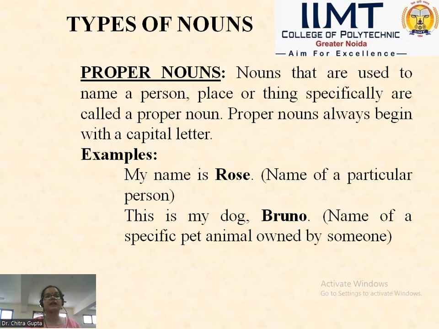Again, it is a specific pet animal and it is owned by someone. Dog is a common noun, but as we have assigned a particular name to that particular dog, the dog's name is Bruno. So it is a proper noun. Again, it starts with a capital letter B.